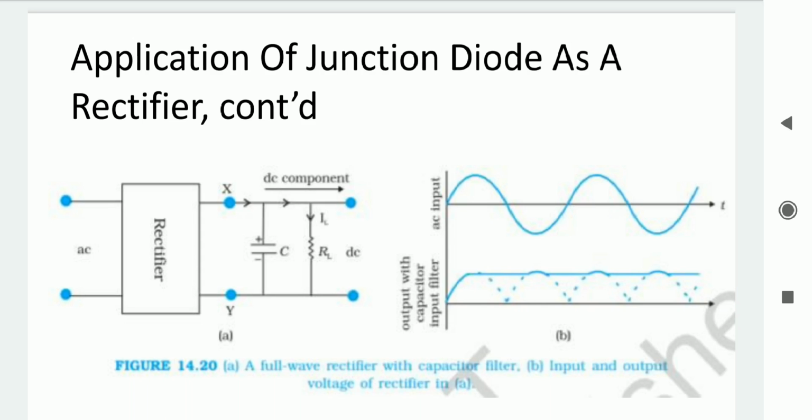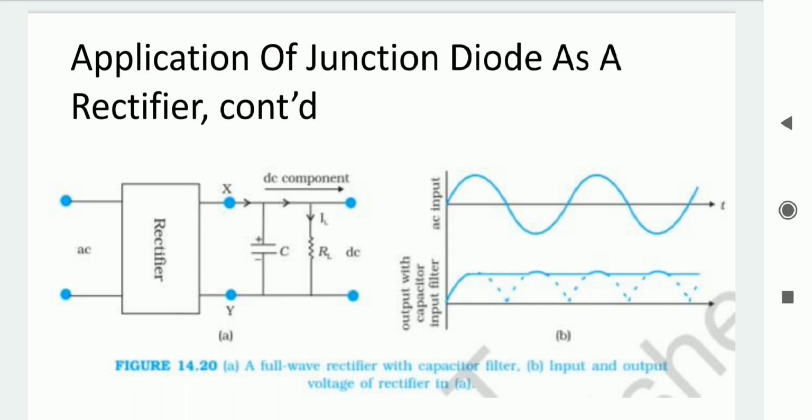Then at the next peak of the output voltage, the capacitor again starts to charge by that reduced amount, gets fully charged, and the maximum output is available across it. So this is how, during capacitor charging and discharging, we are able to get an almost constant output voltage using the full wave rectifier, and DC voltage can be obtained.